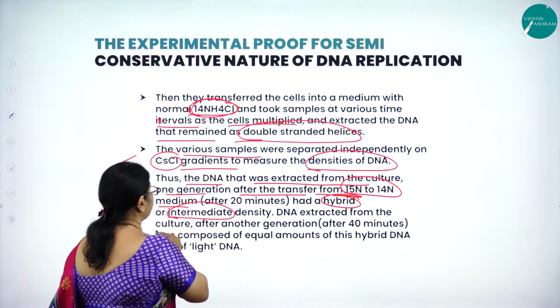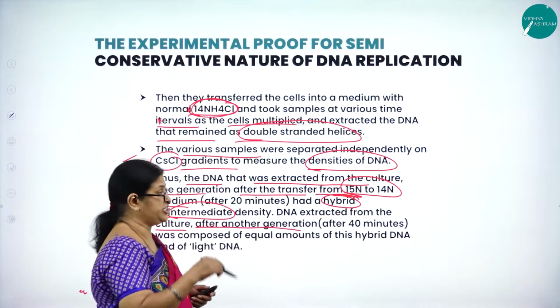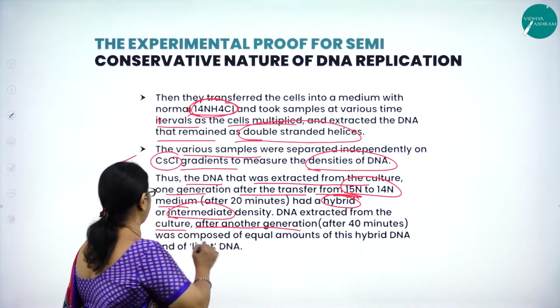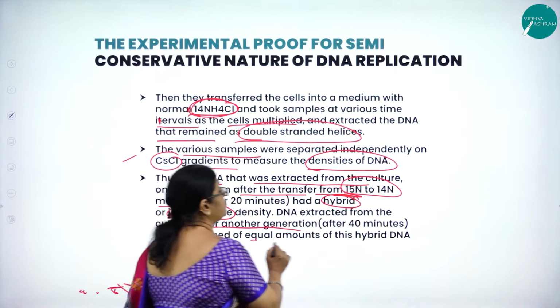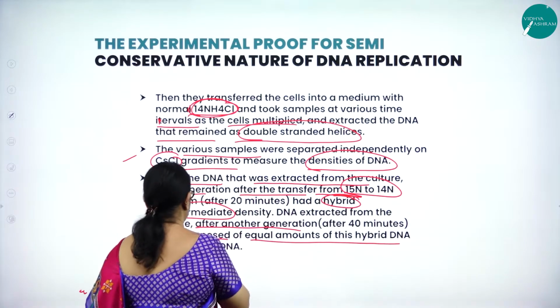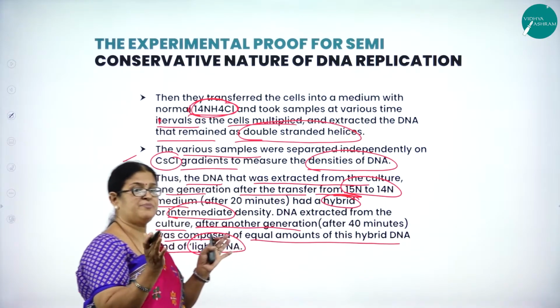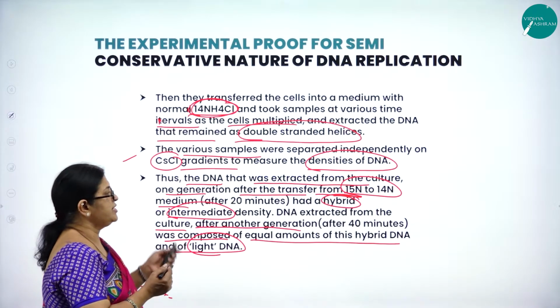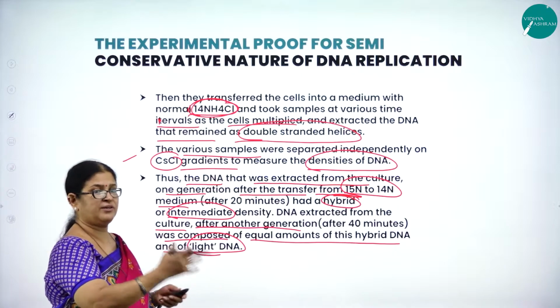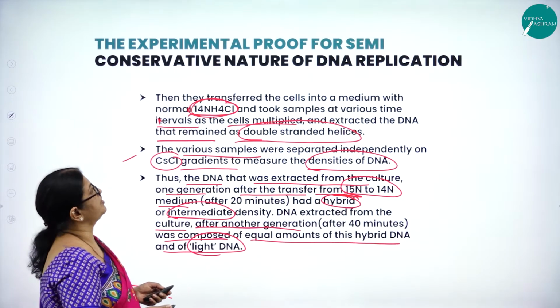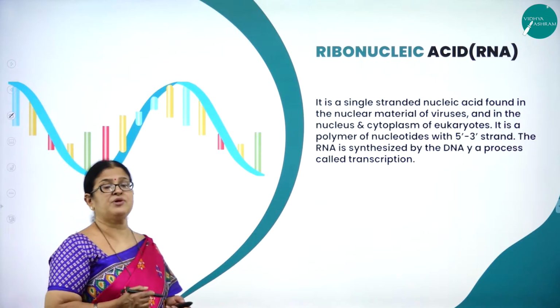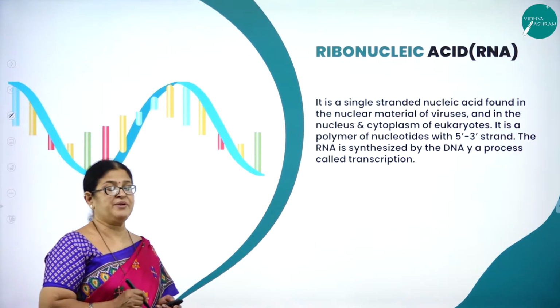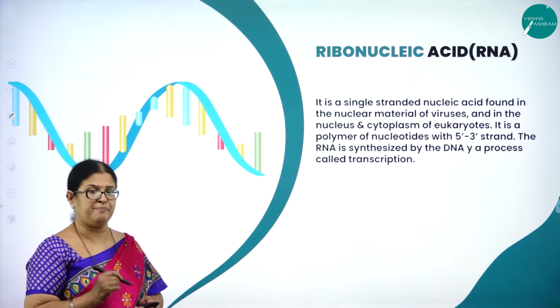And DNA extracted from the culture after another generation, after 40 minutes, was composed of equal amounts of this hybrid DNA and light DNA. So there was a mixture of hybrid DNA as well as light DNA from one transfer to the other. With this, they were able to prove the semi-conservative method of DNA replication.